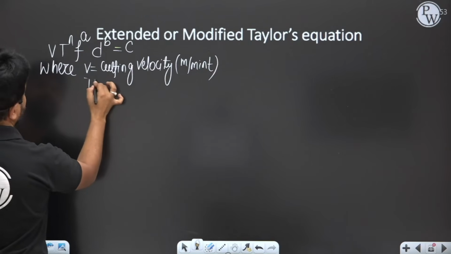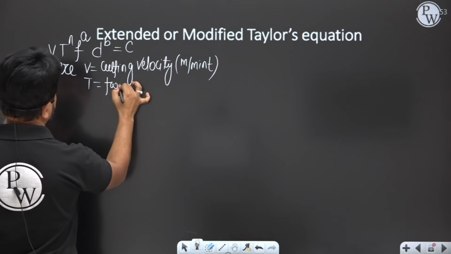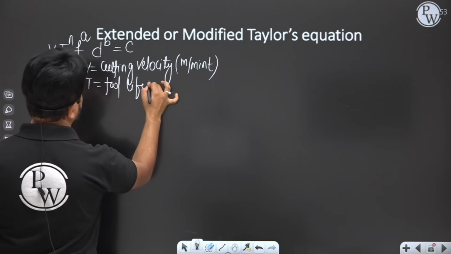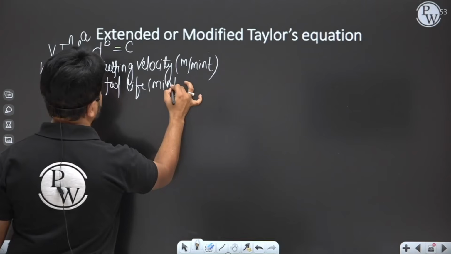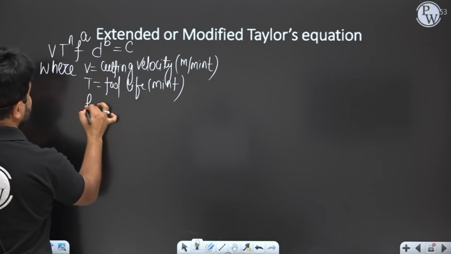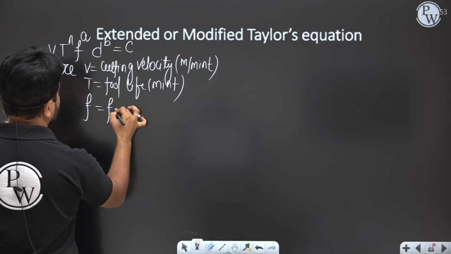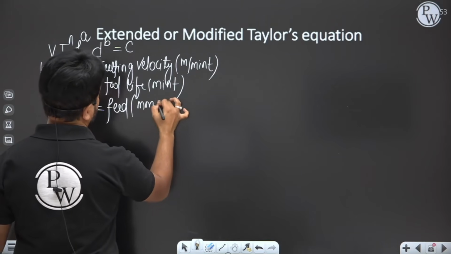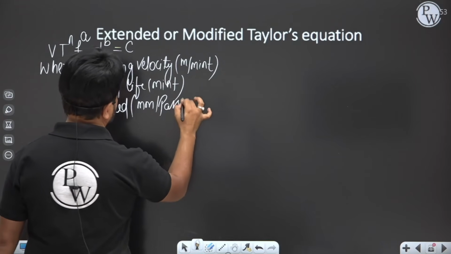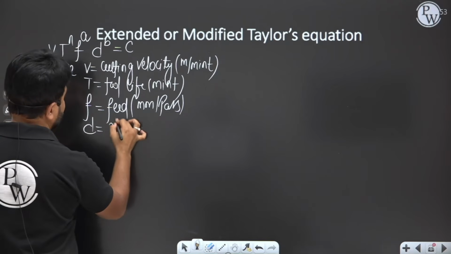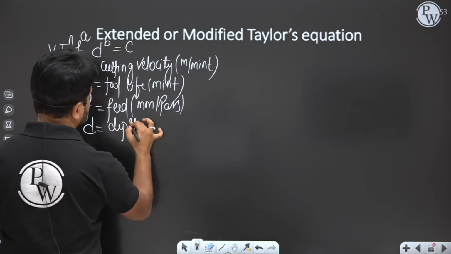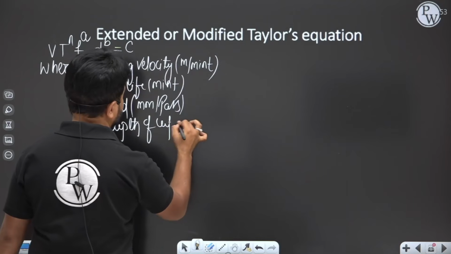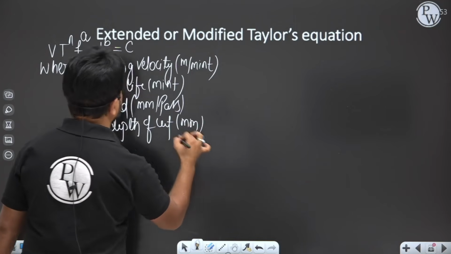T is the tool life in minute. F is the feed, which should be in mm per pass. D is the depth of cut, which should be in mm.